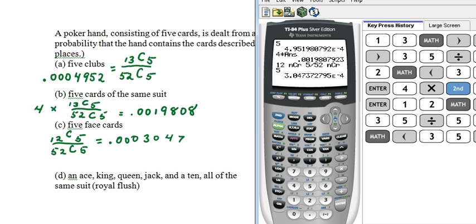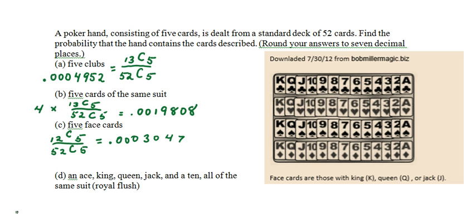And the last one in this problem, an ace, king, queen, jack, and 10, all of the same suit. This is called a royal flush. Well, there's actually one royal flush from each of the 4 suits.